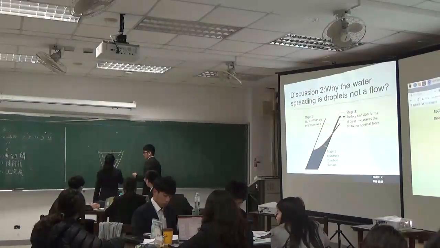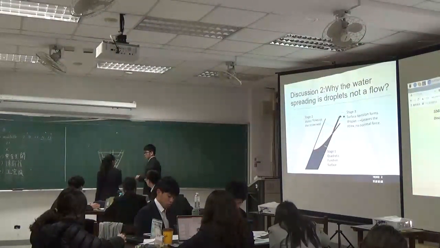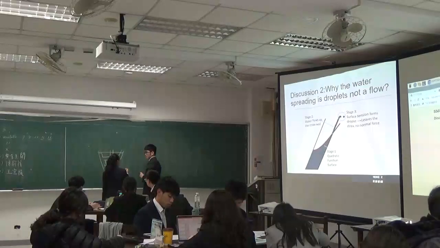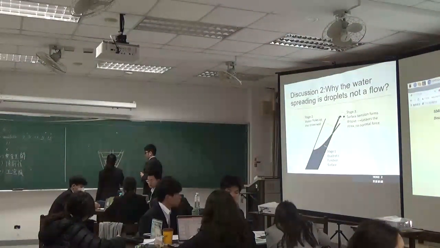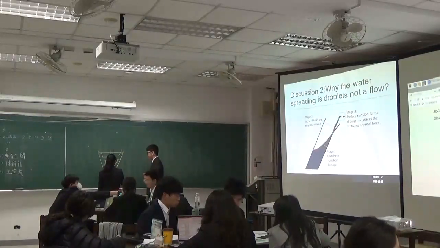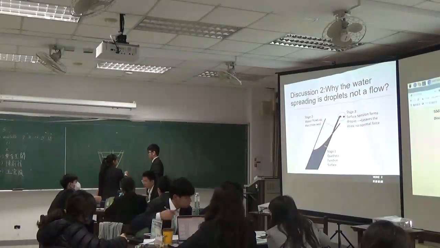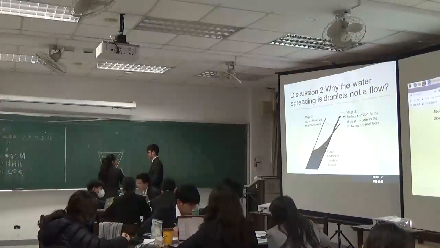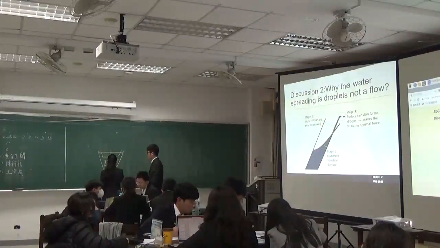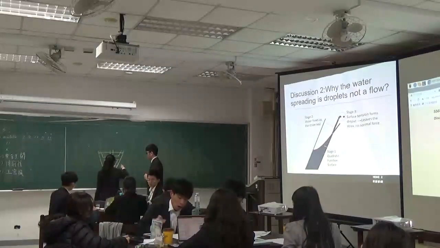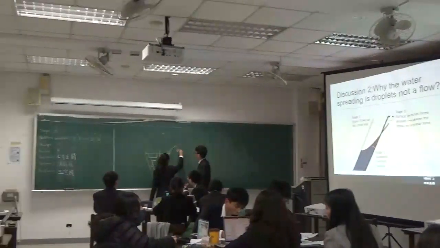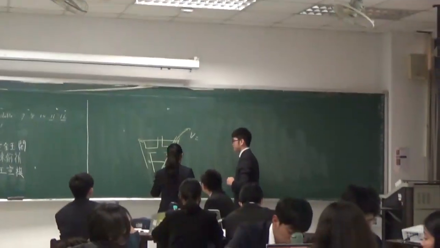But according to the continuity of liquid, have you ever heard about it? Yes, I know. Things won't disappear without any reason, so when the water flows in with V1, the water may come out with V2, right? Yeah.